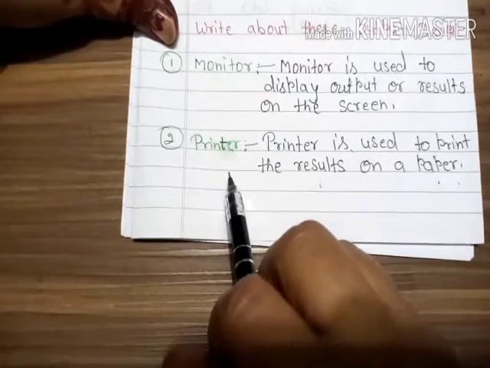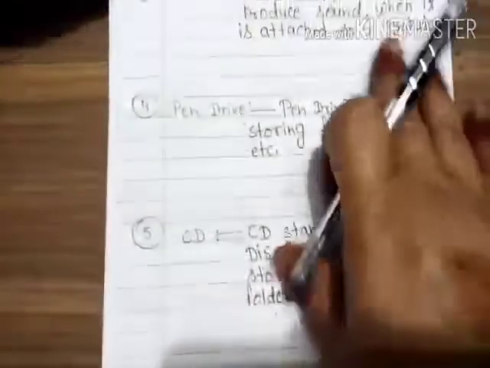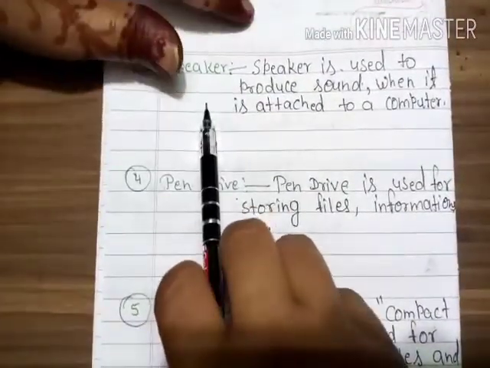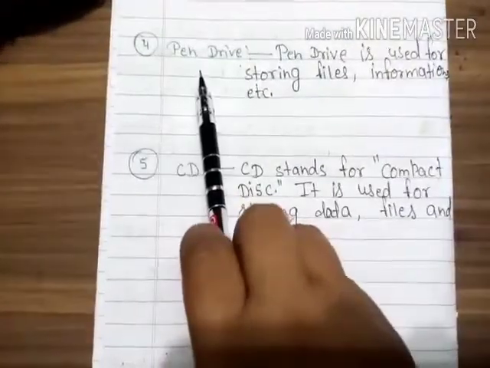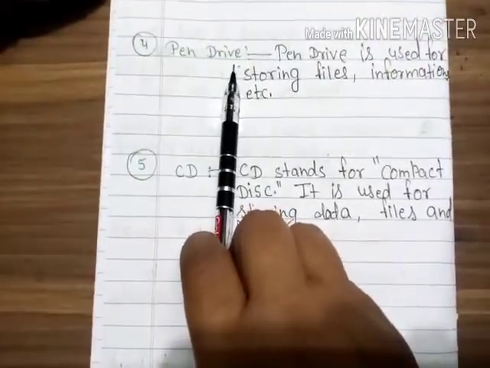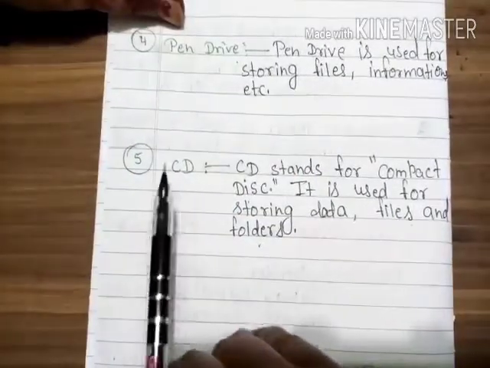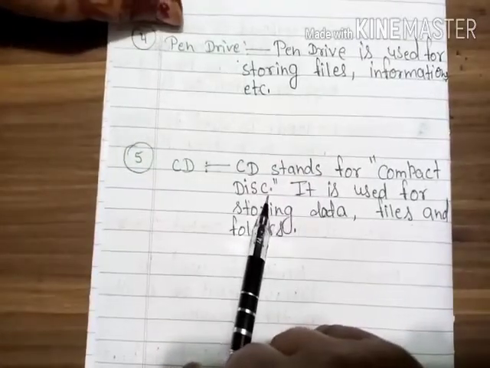Next is printer, first draw the printer, then write about it. Like this you have to do for each and every input and output device. Next is speaker, draw it and then write about it. Then pen drive, draw it, then start writing. Then in CD, draw the CD and start writing in your copy.